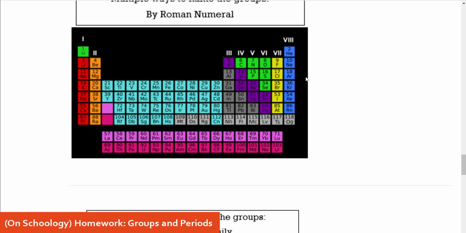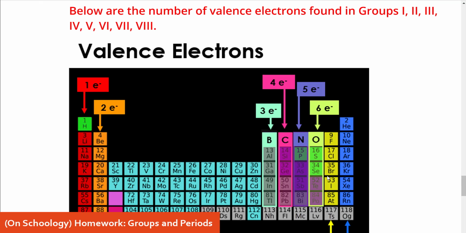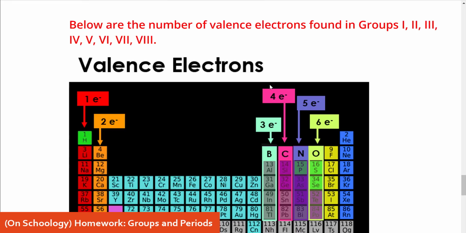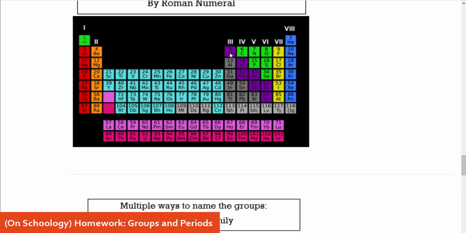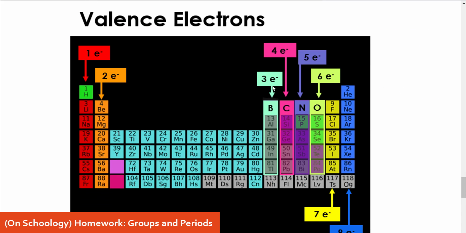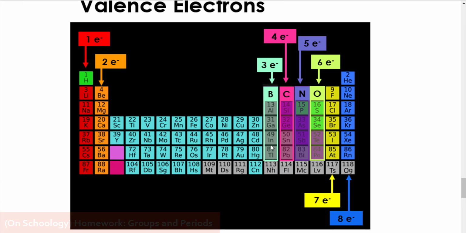So for the Roman numeral method, 1, 2, 3, 4, 5, 6, 7, 8, that also tells you how many valence electrons there are. Looking at the noble gases, they're Roman numeral 8, and they have 8 valence electrons. Boron is in Roman numeral 3 group, and this whole group has 3 valence electrons.